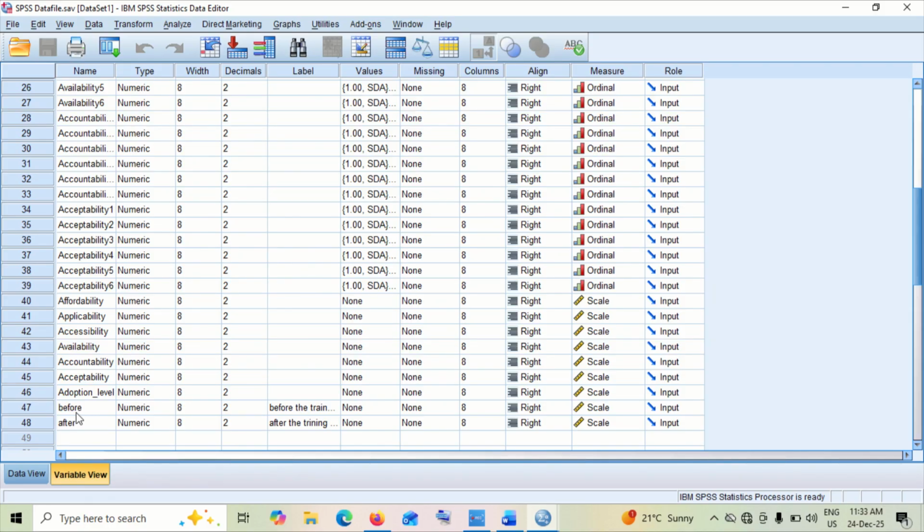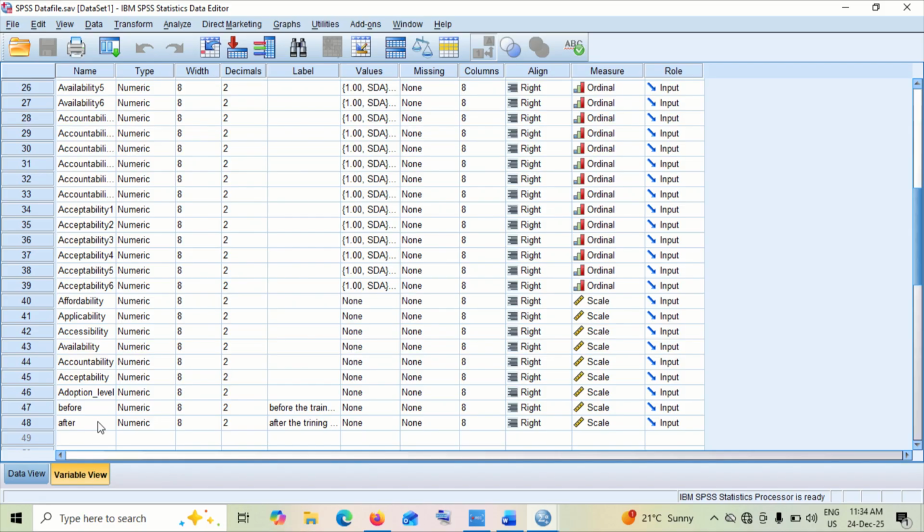Therefore, the data is given pairwise, because there is only one variable, that is the score of adoption level, which we have measured before the training program and also after the training program. Therefore, we have to check whether there is any statistically significant difference in the adoption level before the training program and after the training program allocated to the respondents.